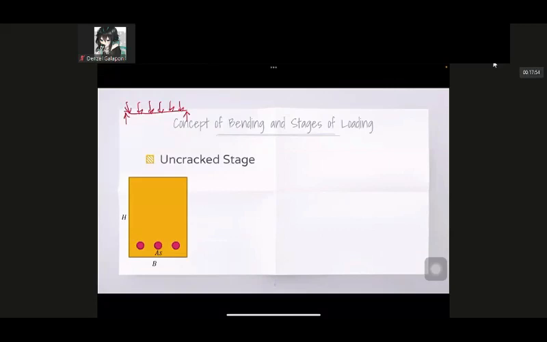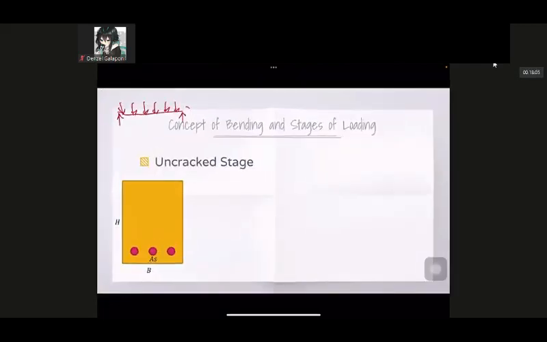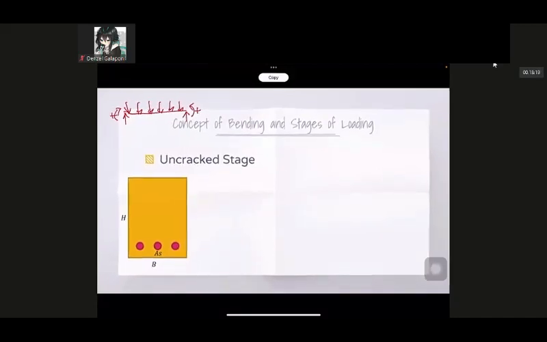If this is the beam and it is loaded downward, the beam tends to have a positive moment. So nagkakaroon siya ng positive moment dito. So it produces a positive moment.